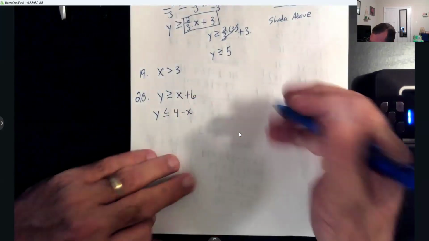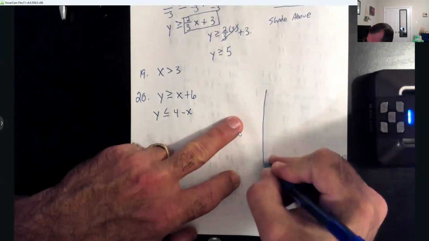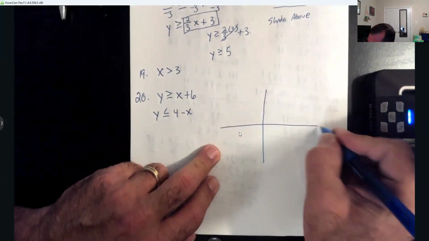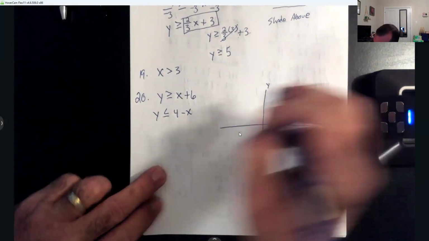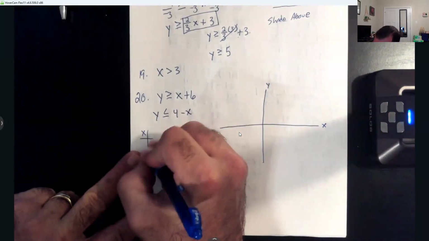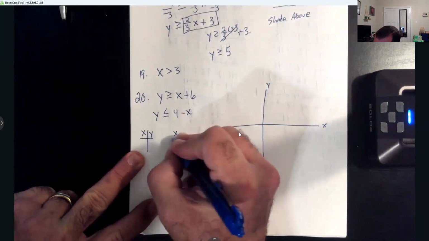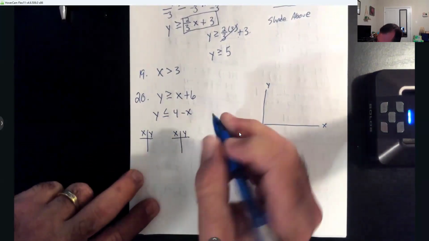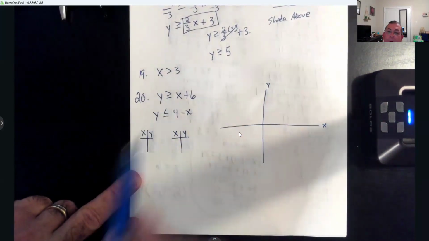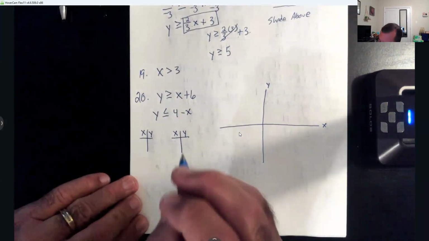All right, so there's my 2 equations, and I'm just going to make a little x and y graph here. So remember, I got to do the x and y for each one of these lines. Now notice, they both got equals in them, so they're both going to be solid lines, okay?